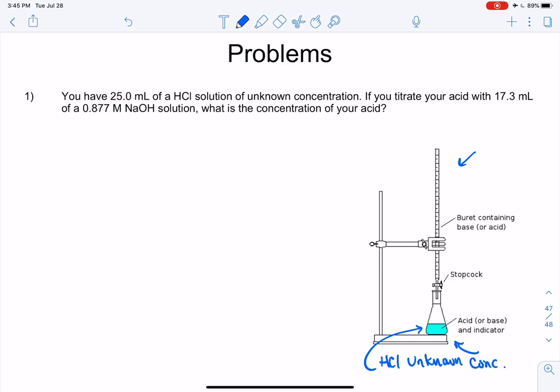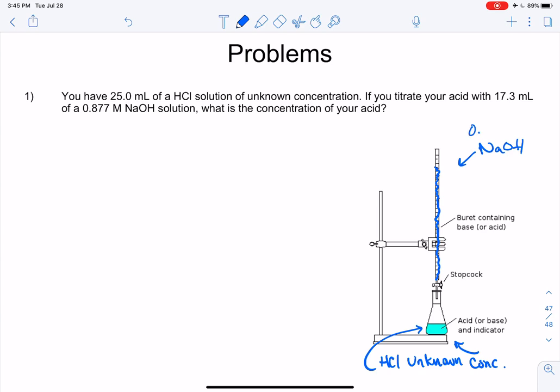And then it says you titrate your acid with 17.3 milliliters of a 0.877 molar sodium hydroxide solution. Okay, so we've got sodium hydroxide up here in the burette. So this is our sodium hydroxide solution, and we know what the concentration of it is.